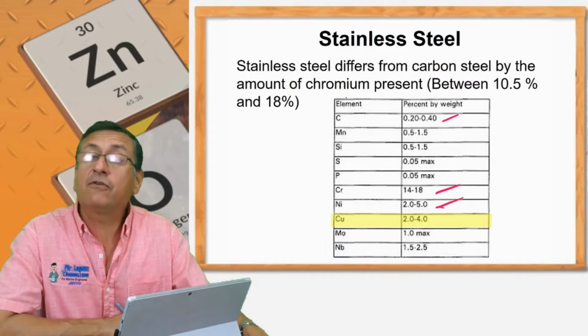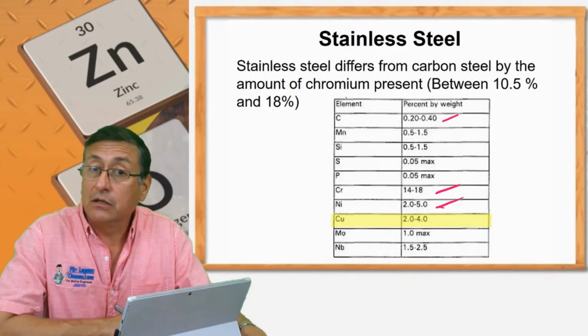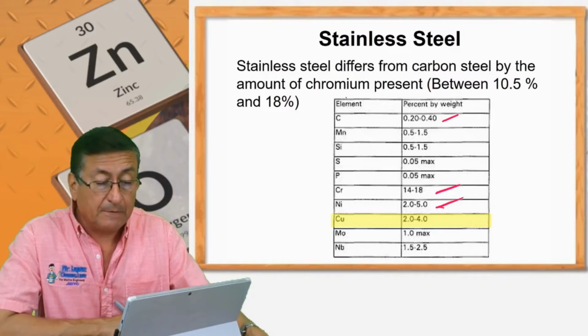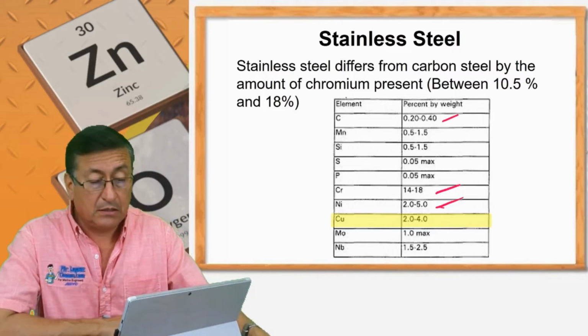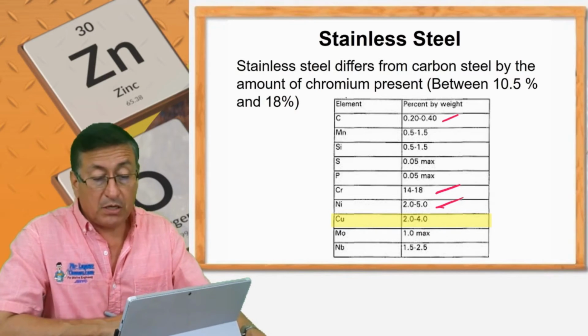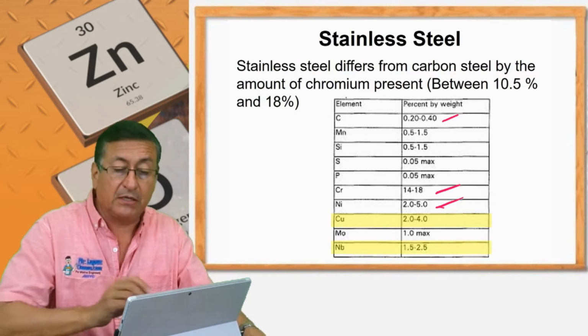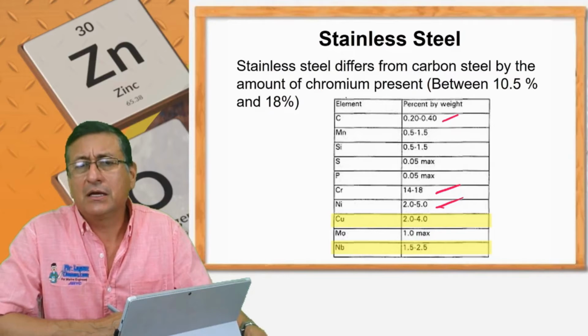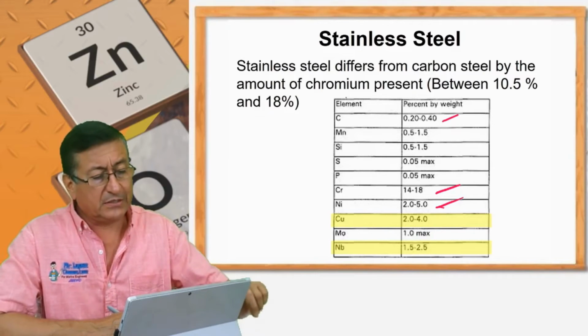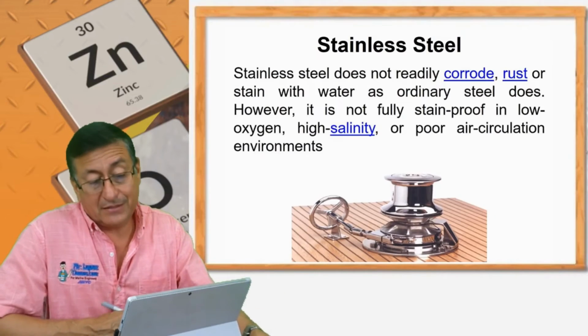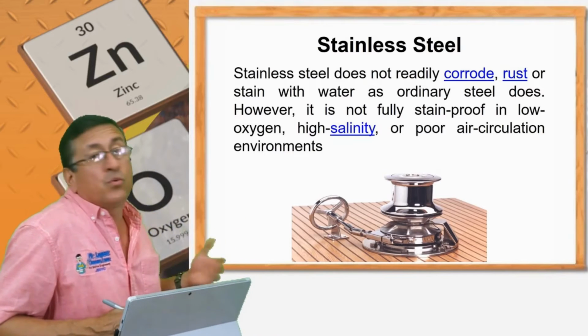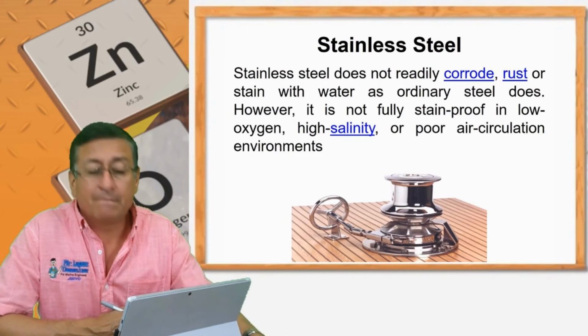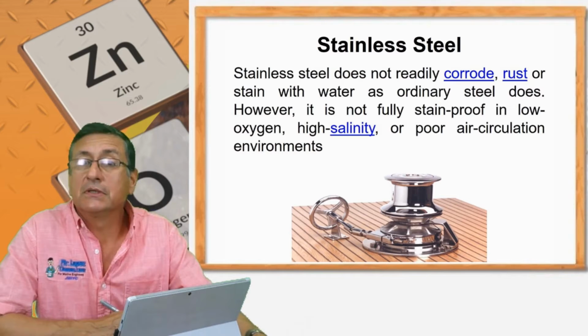Oh, stainless steel has copper, a high content, between 2 and 4%. Molybdenum, 1%, and niobium between 1.5 and 2.5%. Oh, nice. Those are excellent components. This is a special alloy, and in our business it's necessary. This is stainless steel. We have a lot of examples where we use stainless steel. This is one of the examples, on the anchor systems.